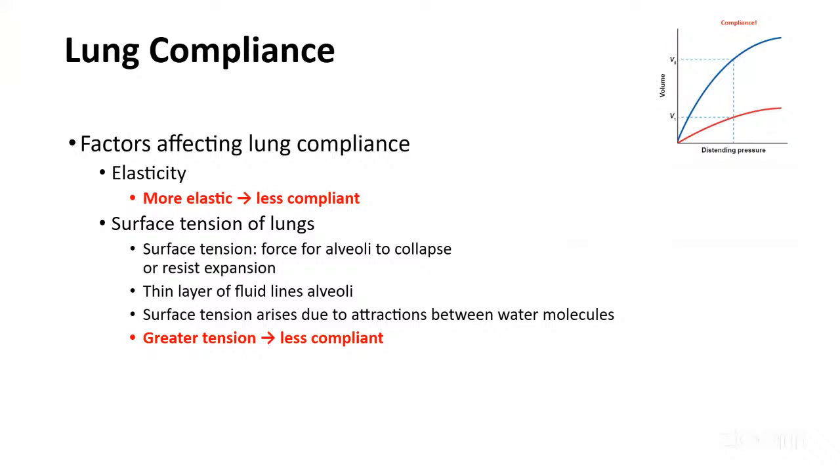Water molecules like to hold on to each other. That exerts a pull. That's part of why we have that negative pressure in the intrapleural space. But we also have some water vapor that you breathe into your lungs. It's a humid environment in there, so that does create some surface tension of those water molecules in the alveoli.